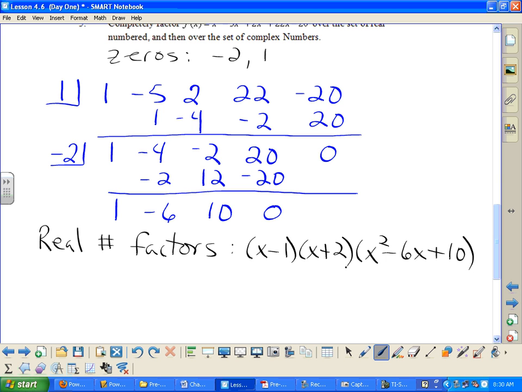Now, how do I know that that x squared minus 6x plus 10 isn't going to produce real factors? How do I know that they're imaginary, or complex, instead of real?